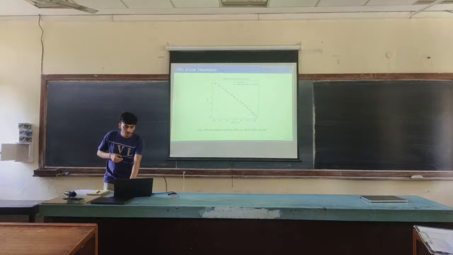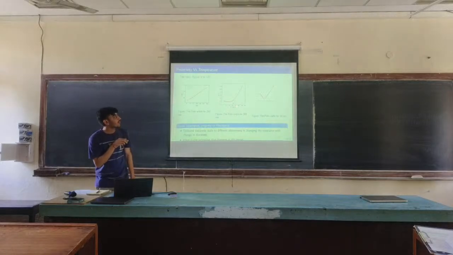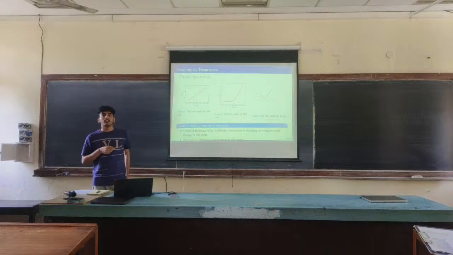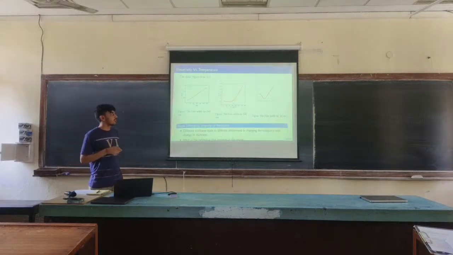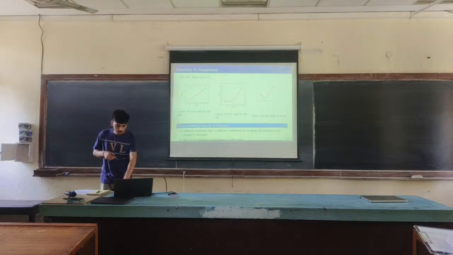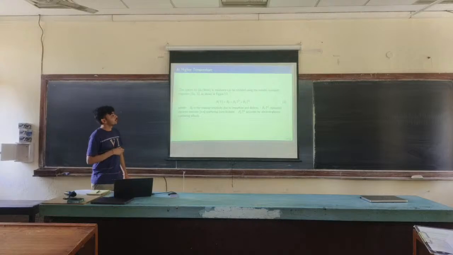For the 30 nanometer sample we found electron scattering, and the upturn is there. I also tried to explore why this upturn is occurring, and I found in another reference that it occurs because of electron-phonon scattering. So I used this model with my experimental data.